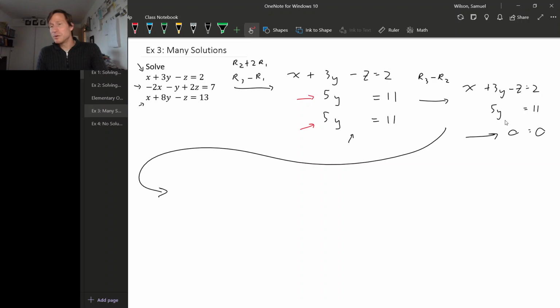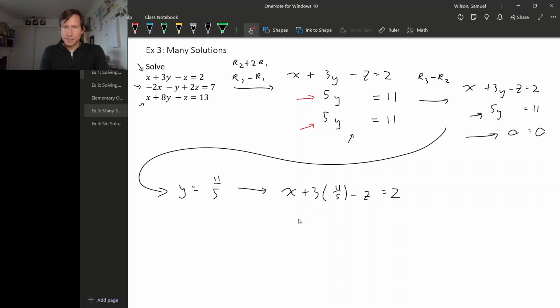At this point, what we would normally do is back substitute. So I guess we need to still finish solving for y. So y is 11 over 5. And now we can use this to back substitute. We get x plus 3 times y, which is 11 over 5, minus z equals 2.